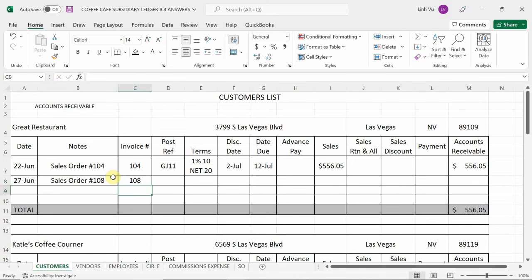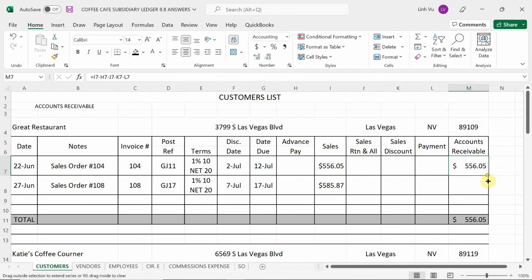This is invoice 108, general journal page 17. 1% 10 net 20. So that means 10 days from now is the 7th. 20 days from now is the 17th. Okay. For a grand total of $585.87.